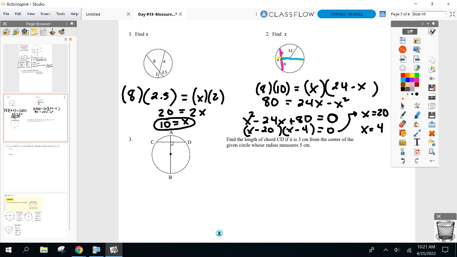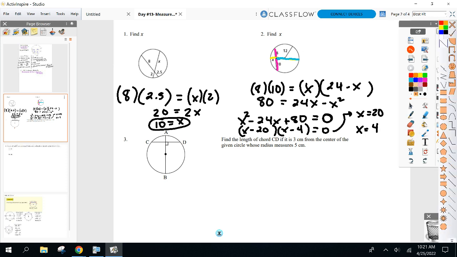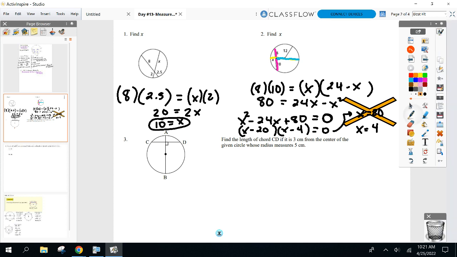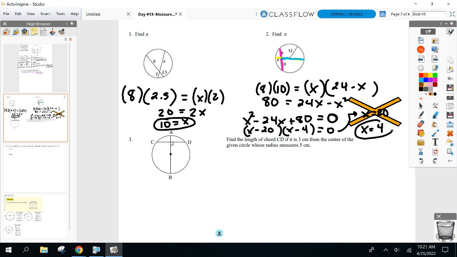So how can x be 20 and be bigger than my radius? There's no way my answer can be 20. Got to be 4. Can't have an answer bigger than the radius.